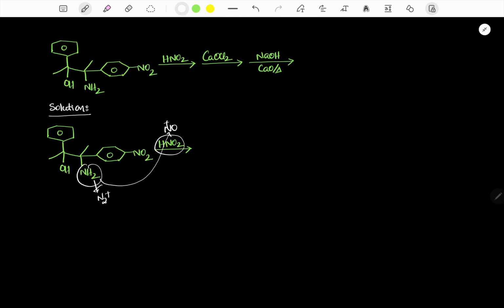Now it loses N2 plus and forms the corresponding stable C plus. So initially the NH2 group is converted to N2 plus, that is diazotization. It loses N2 gas and finally forms a stable C plus.